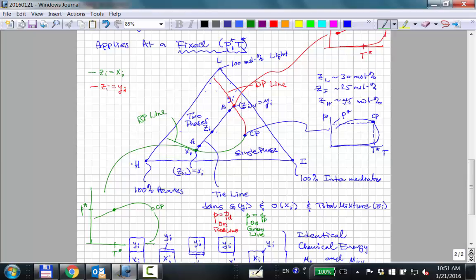In this composition map, the ternary diagram, if the composition is along the green line, then that composition is at its bubble point. If it's along the red line, the composition's at its dew point. If it's a composition inside, then it's two-phase.